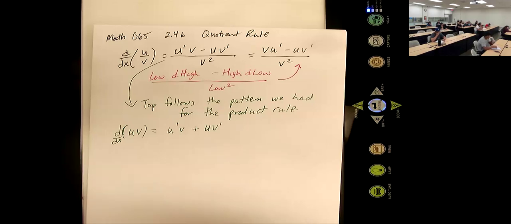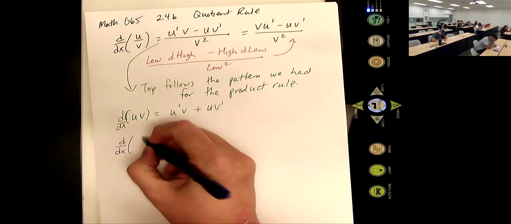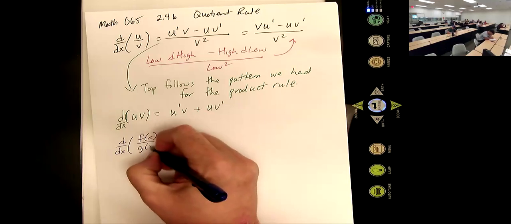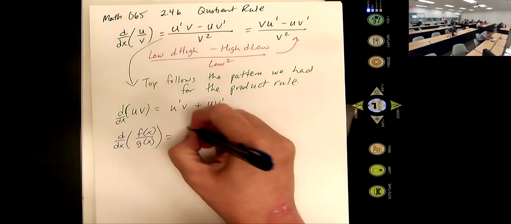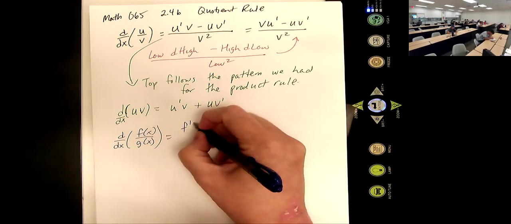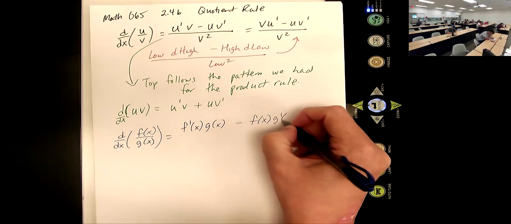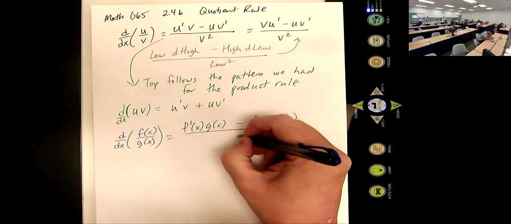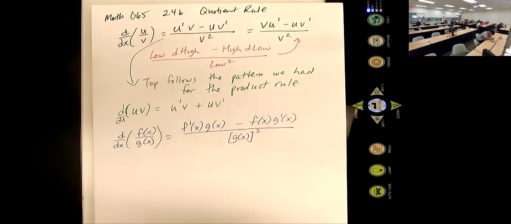And if you like seeing it with the full f of x's and g of x's, take the derivative of f of x divided by g of x. And you can get f prime of x, g of x, minus f of x, g prime of x, all over g of x squared. It's just something you gotta memorize.